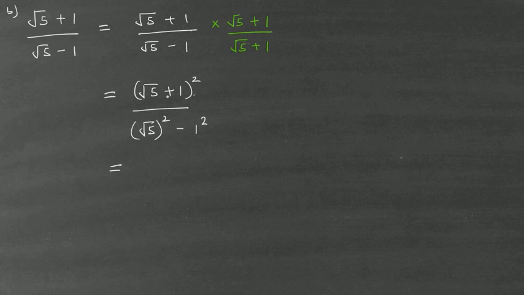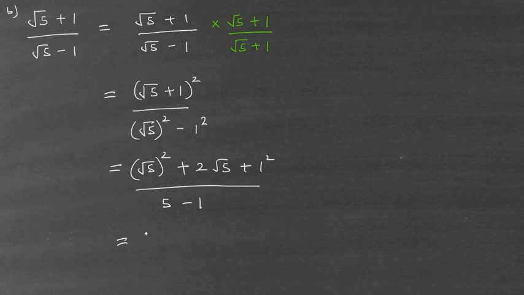So when we expand the numerator, it gives us root 5 squared plus 2 root 5 plus 1 squared, over, in the denominator, 5 minus 1.